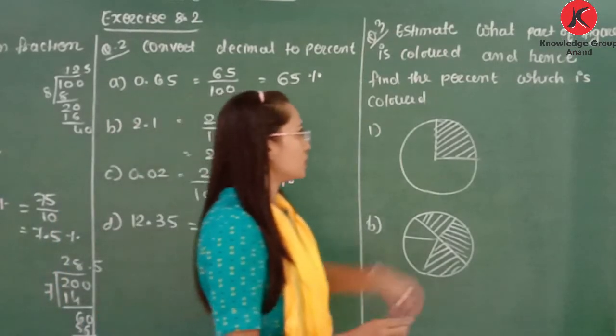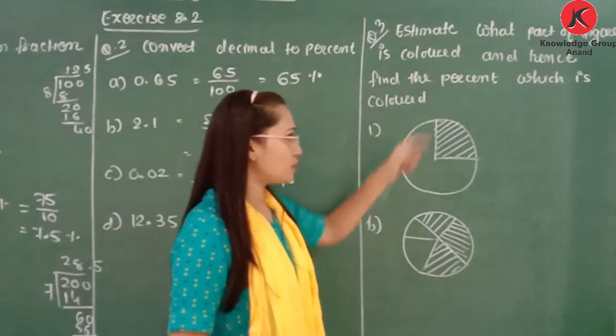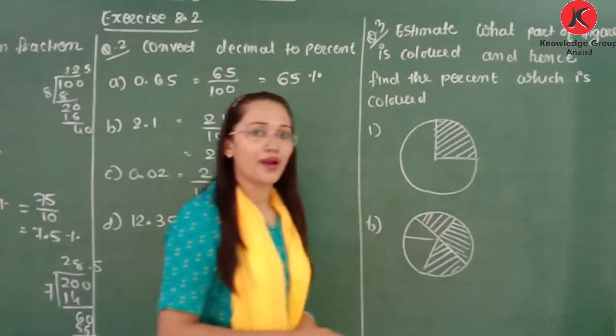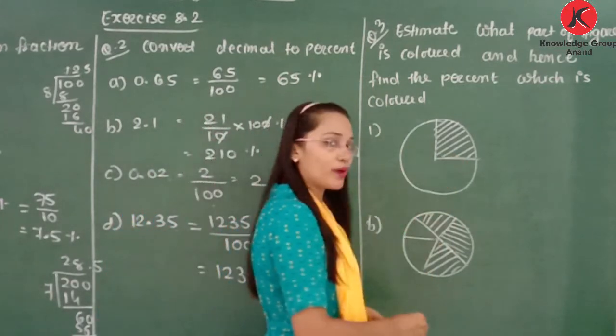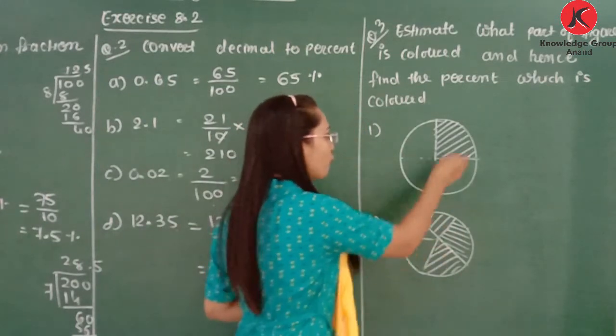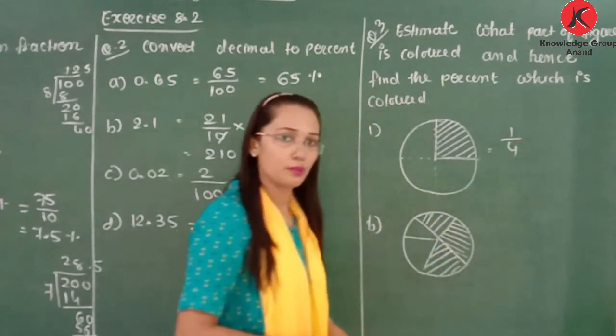Now next one, estimate what part of the figure is colored and hence find the percentage which is colored. We know how to write the part as a fraction. From four parts, one part is colored. If we draw a line like this, then from 4 parts, one part is colored, so we can represent it as 1 by 4.